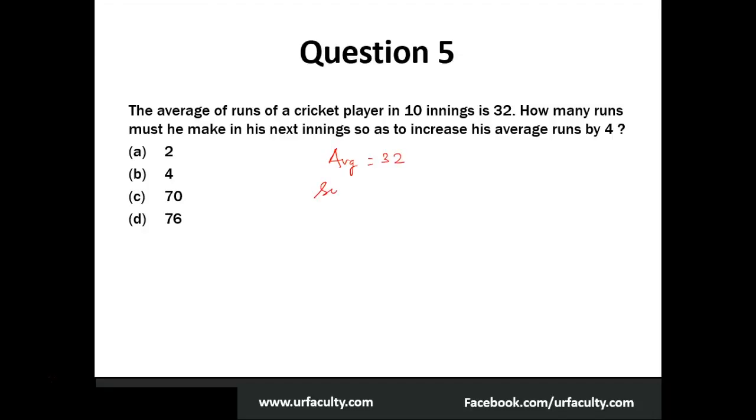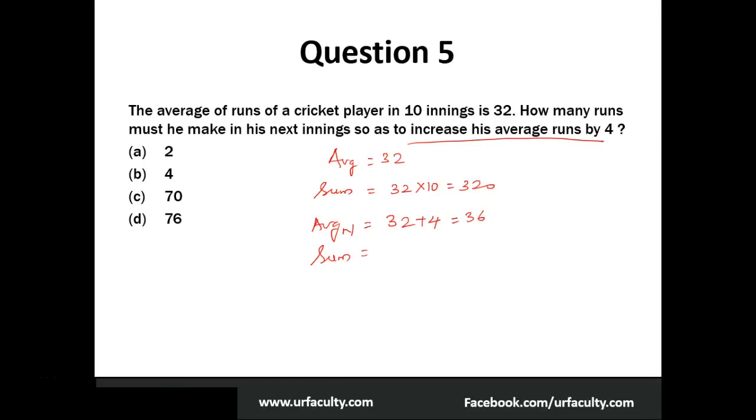So his total number of runs is 32 into 10, which is 320. His new average is 32 plus 4, since they're saying to increase the average by 4. This is equal to 36.